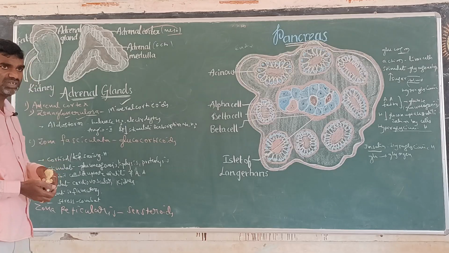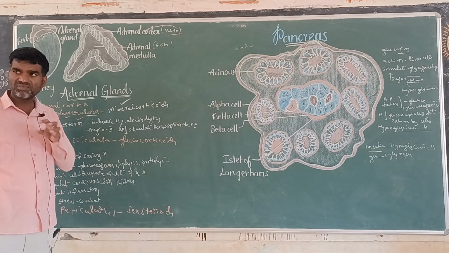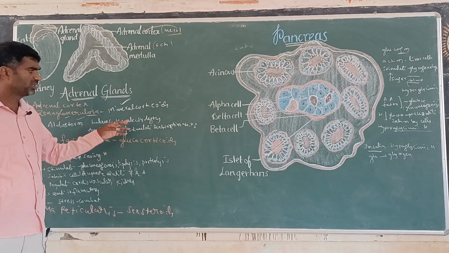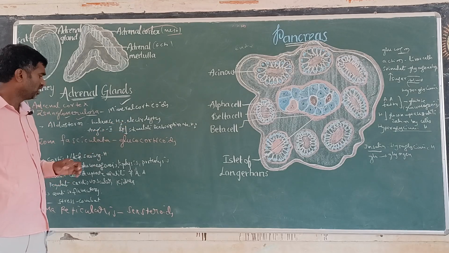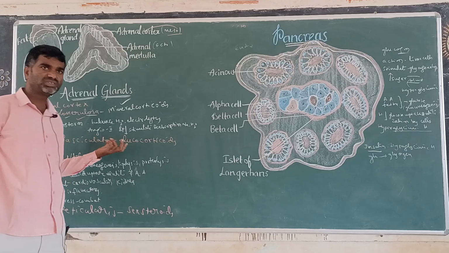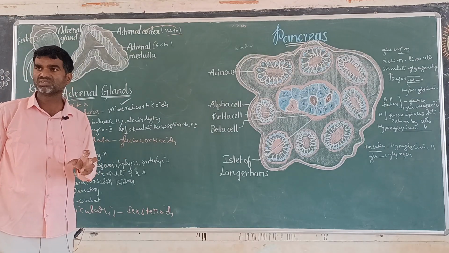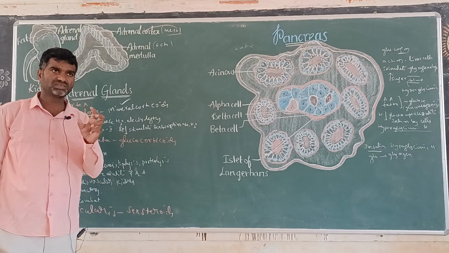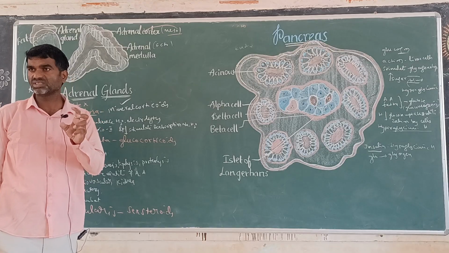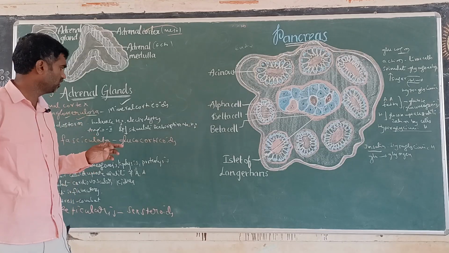What is the function of aldosterone? It maintains the balance of water and electrolytes, and it is stimulated by angiotensin 2. We know about angiotensin 1 and angiotensin 2. That is the RAAS, the renin angiotensin aldosterone system.